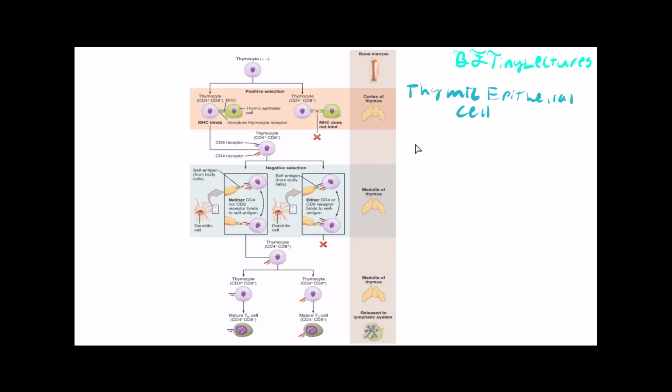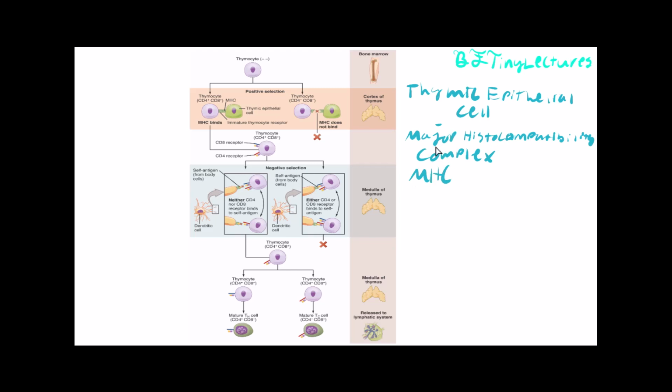And the piece of paper is called the major histocompatibility complex. And a lot of immunologists will take this big word and put it as MHC.